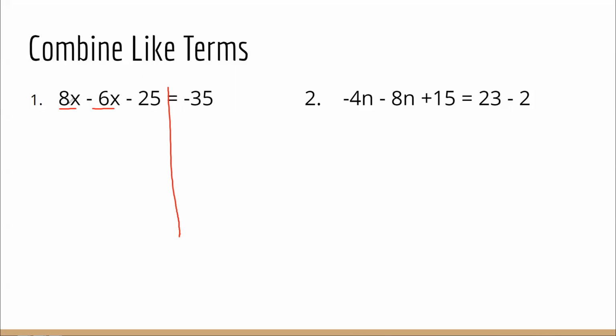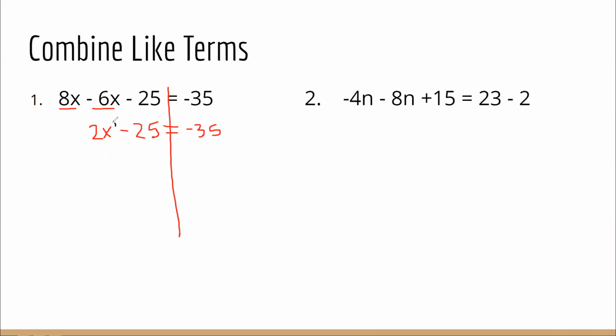So what I'm going to be doing is 8x minus 6x, and that gives me 2x. So the x is kind of like its last name. It tells us that we can combine those two, and we're just going to keep our x. We're also going to keep the rest of the problem the exact same because we didn't do anything to change it. And now we're down to a two-step equation.